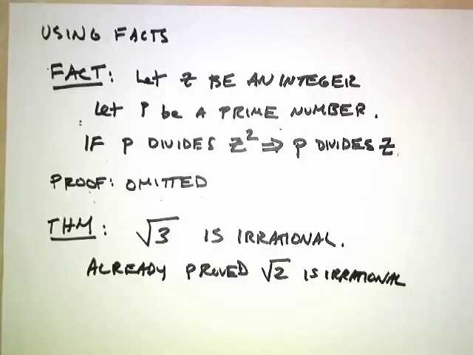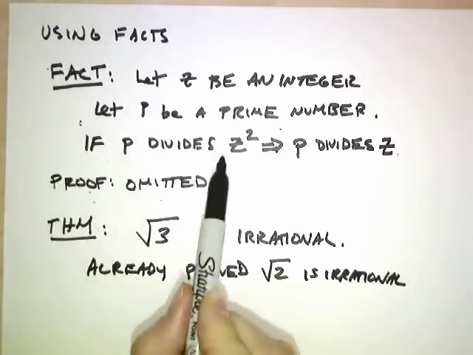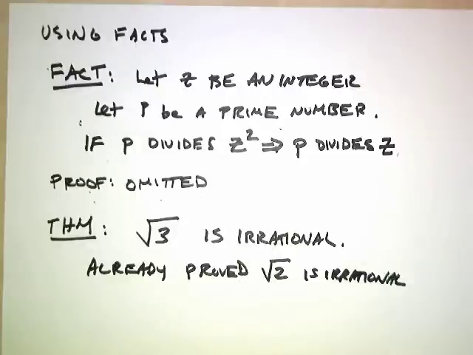And what I'm going to do is mimic the proof that square root of 2 is irrational for square root of 3. I'm going to try and use the same proof, and you'll see that at some point I need to use this fact that if p divides z squared, then p divides z, where p is a prime number.